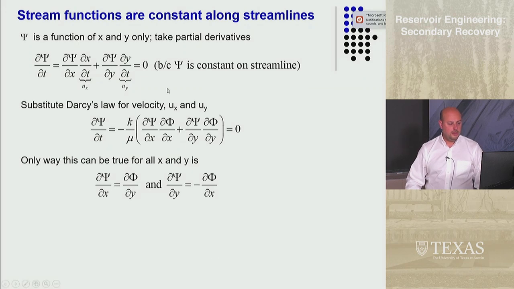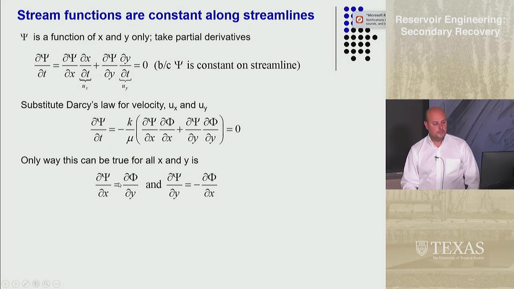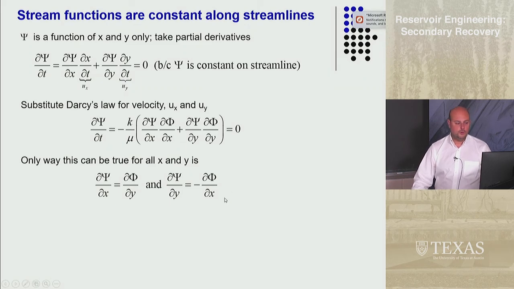Really, the only way that could be true is if this d psi dx is equal to d phi dy, and this d psi dy is equal to minus d phi dx. Okay, you could flip the negative signs there, it wouldn't matter, but the point is that if these two statements were true, then this term in parentheses would be 0 all the time.